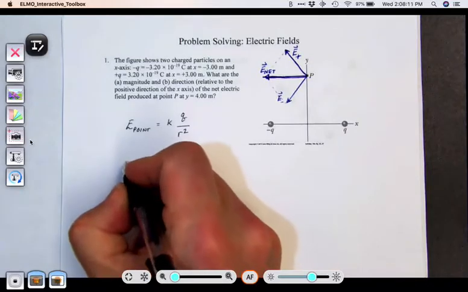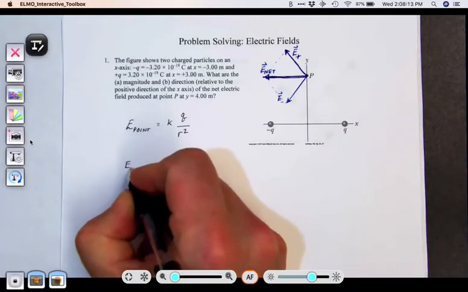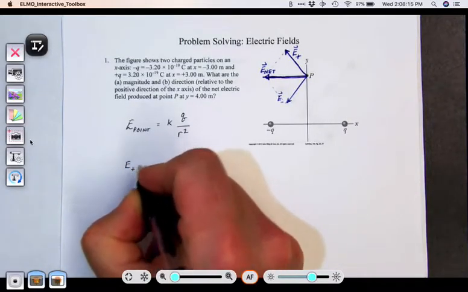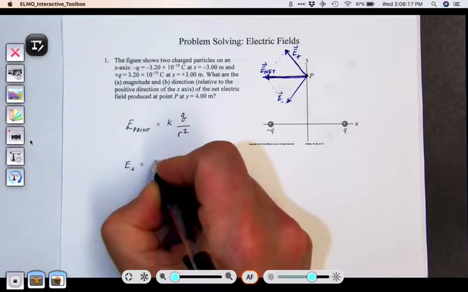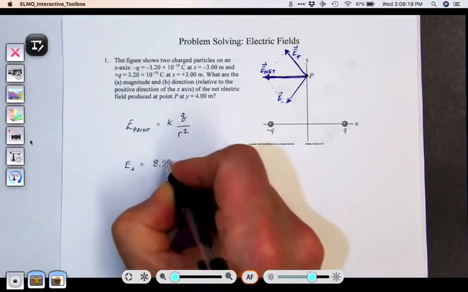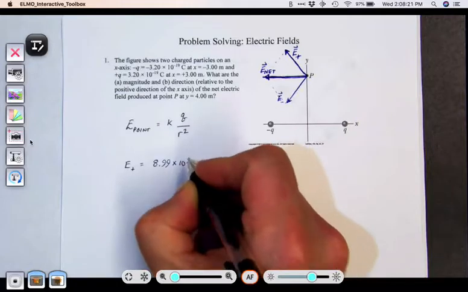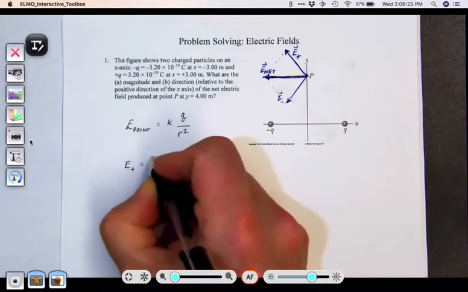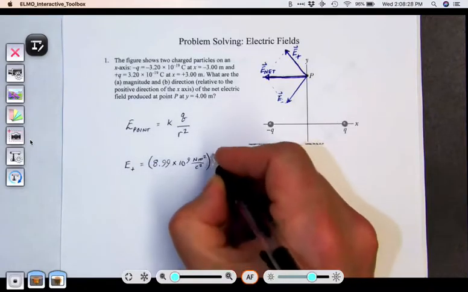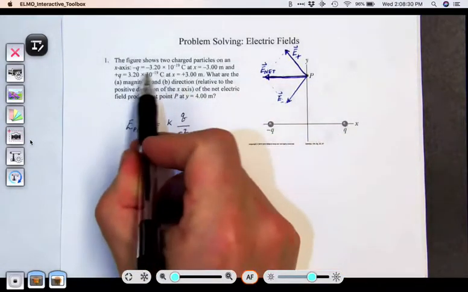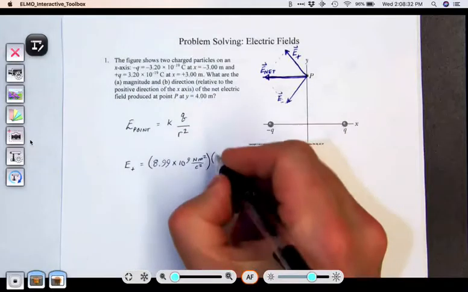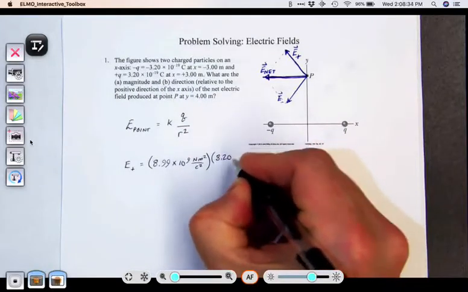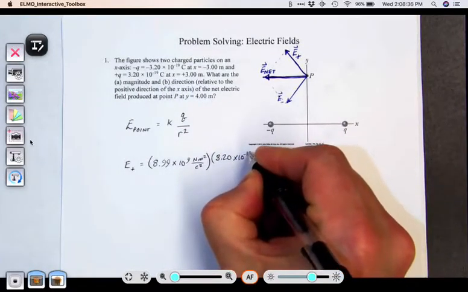Well, that means the electric field, let's just say we'll do the positive one, is 8.99 times 10 to the ninth newton meters squared per coulomb squared. That's the Coulomb constant. The amount of charge is 3.2 times 10 to the negative 19 coulombs.